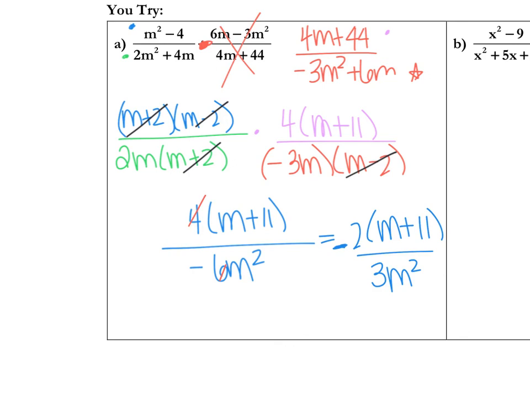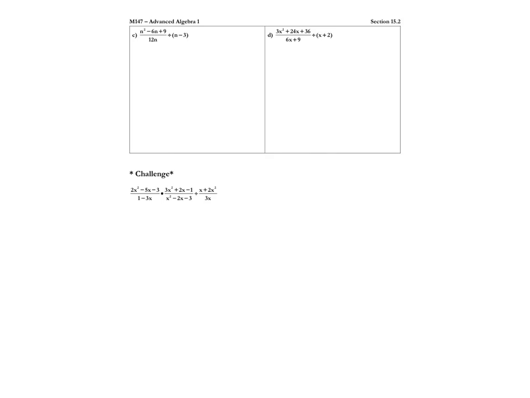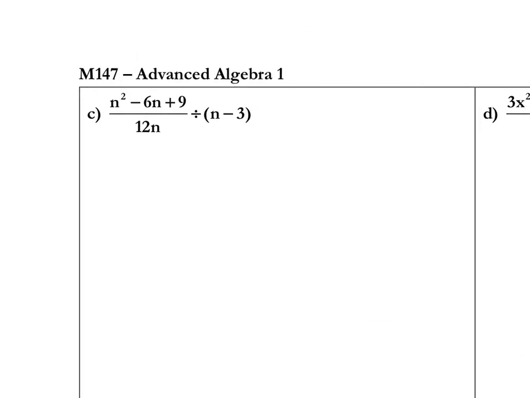All right. Last example we're going to do is on the last page. Just like I went over in the multiplication video, we're going to put this over 1. Okay, and then we're going to go ahead and switch and flip. So switch that to multiplication and then flip this fraction to 1 over n minus 3.